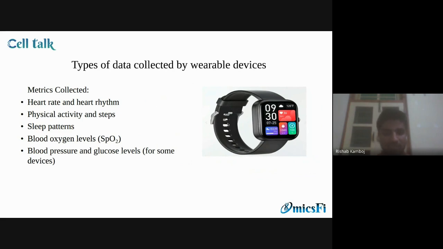We can measure that also. Blood pressure and glucose levels, for some devices we can measure those also. And all these things require different types of sensors involved in the electronics of the smartwatches.